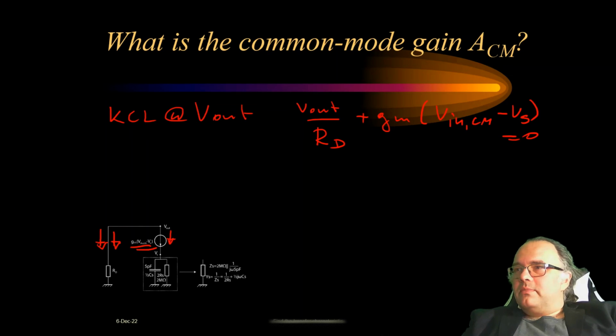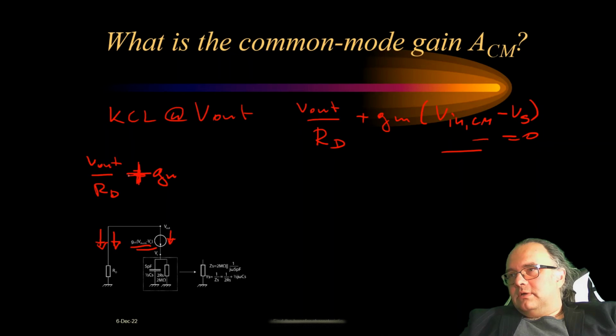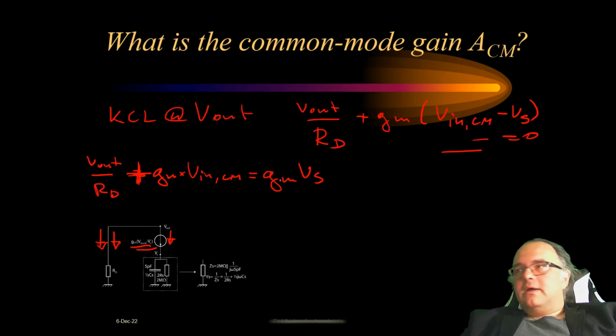From here I can work it out further. I can open these brackets, and then I have V out divided by RD is equal to, sorry, plus GM times V in common mode, and then equal to GM Vs. From here I can express Vs: I'll divide by GM, and here also.